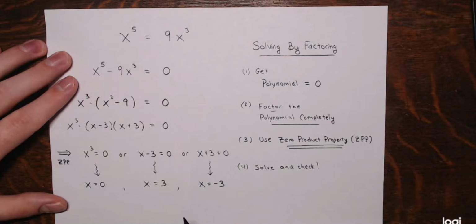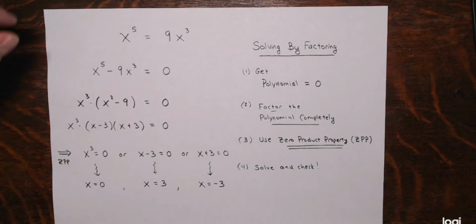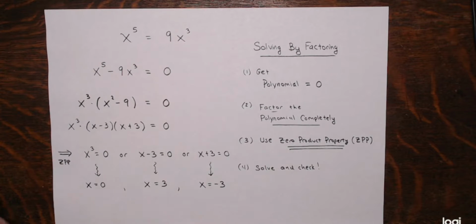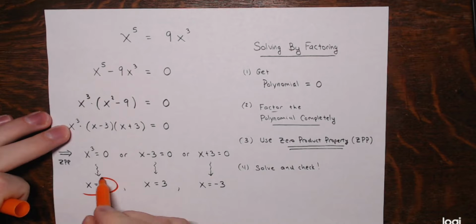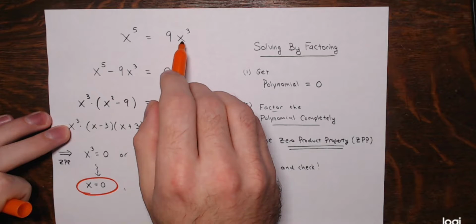And now we check these. Now 0 is good, right? If x were 0, you'd have 0 on the left equals 0 on the right. That's true. So that's a solution. 3, you'd have 3 to the 5th on the left. 9 is 3 squared. 3 squared times 3 to the 3rd would be 3 to the 5th.